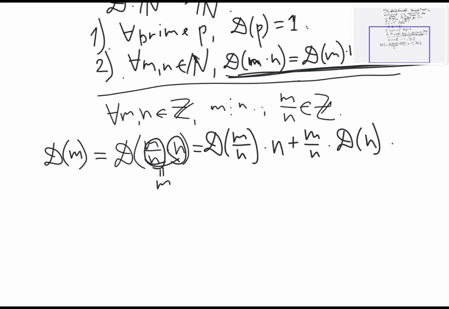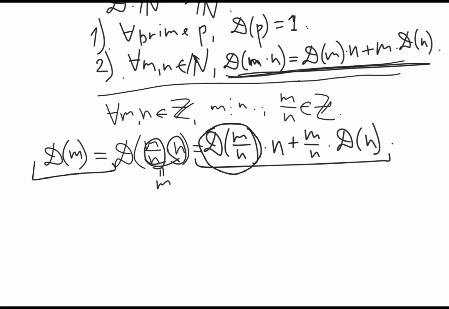Now we look at this and extract the value d of m over n, expressing it in terms of everything else.